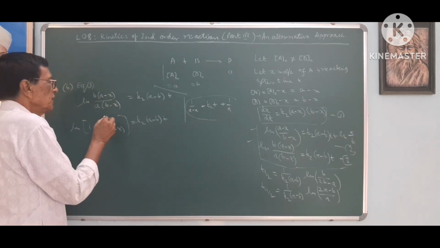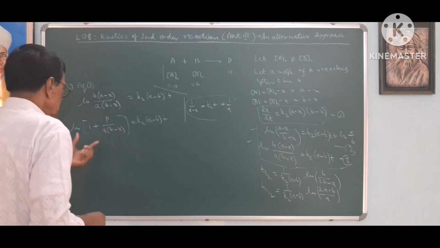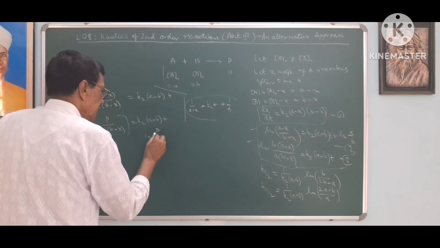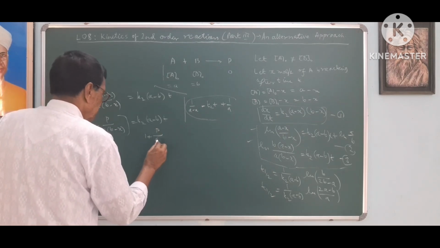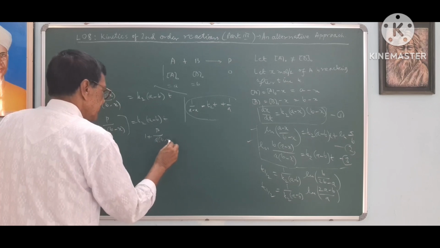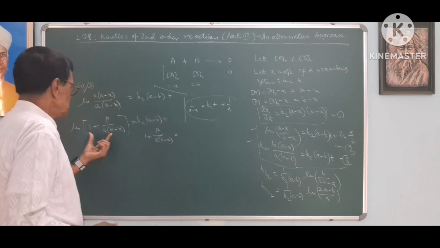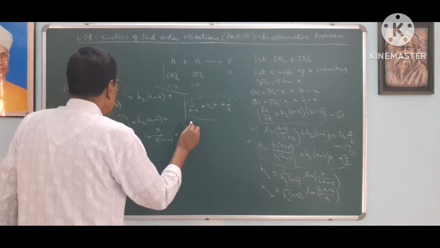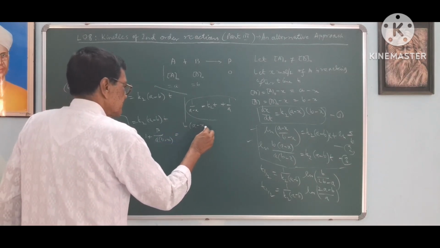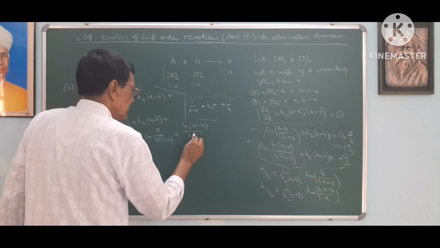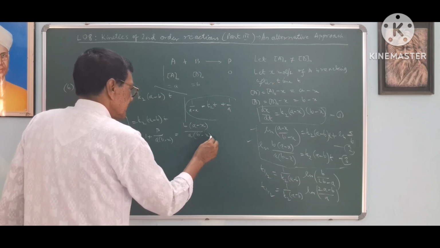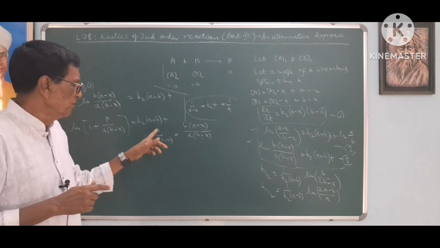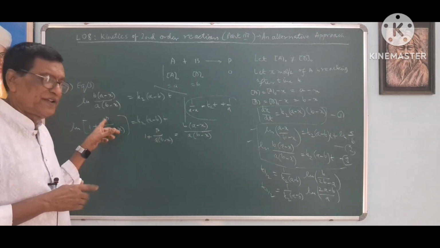Now what will be the value of P? Actually, 1 plus P divided by A into (B minus X), we are writing instead of this, so it is equal to B into (A minus X) divided by A into (B minus X). We are trying to find the value of P which will be put here.